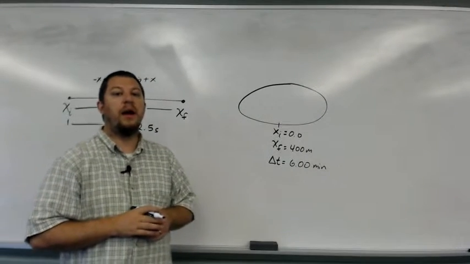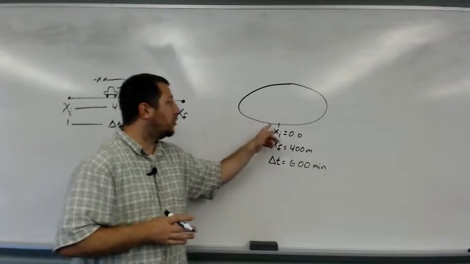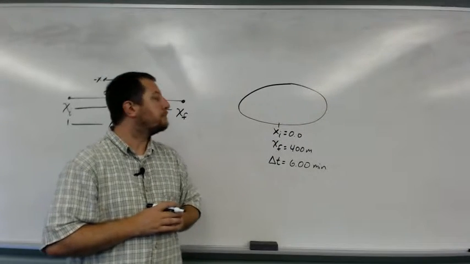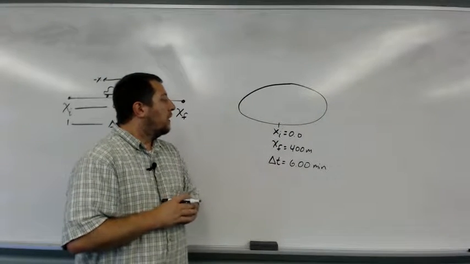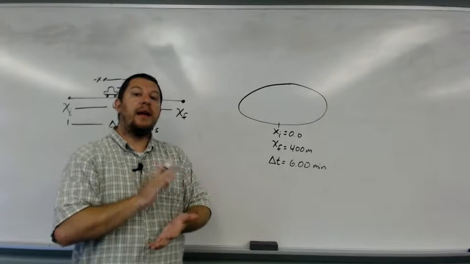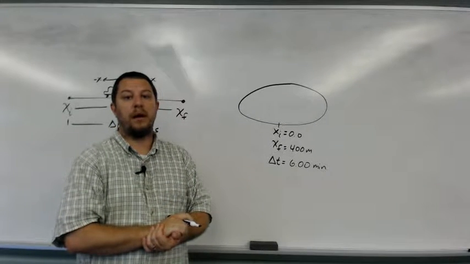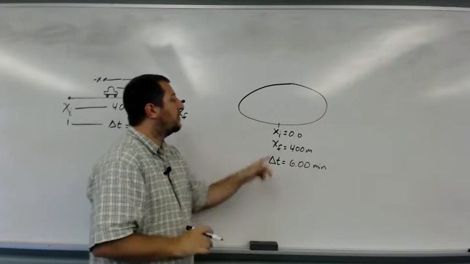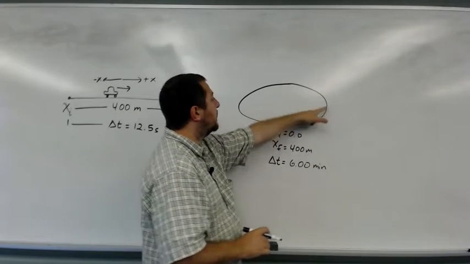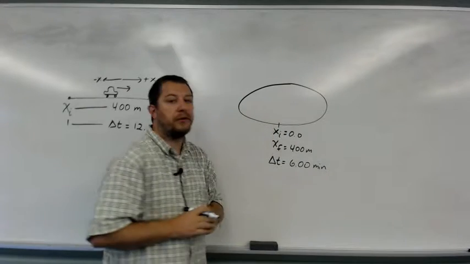So somebody is just jogging around the track. Now, what is the average speed for this trip? So if our runner starts here, what is the average speed around the track?